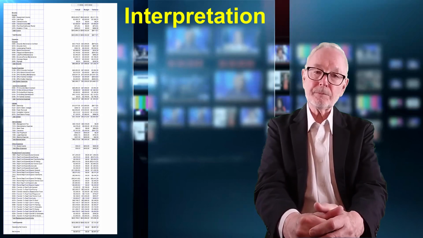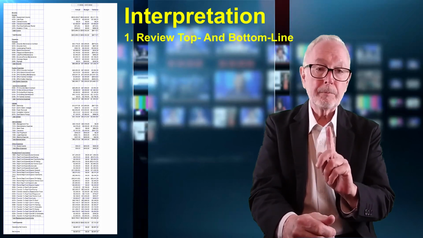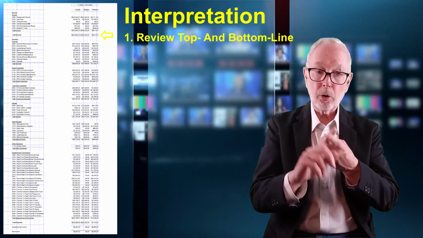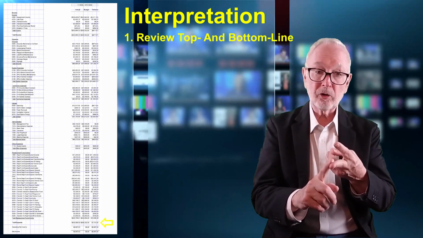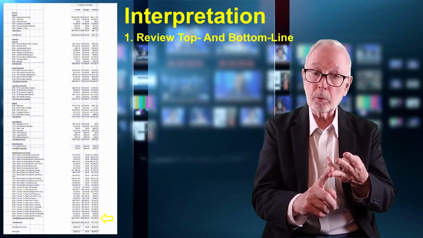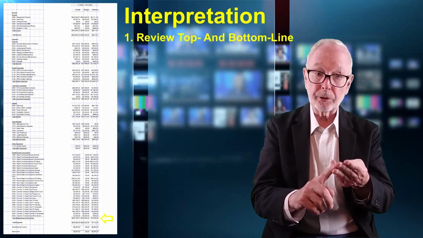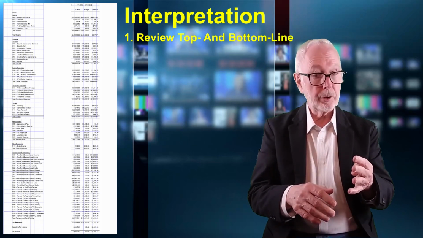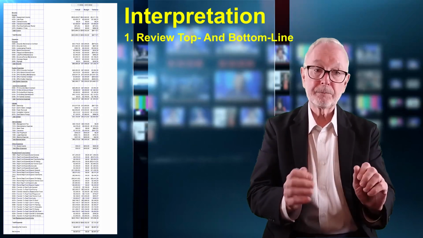analysis. In step one, I look at the top line entries: total income, total expenses, total replacement fund activity, that's the reserves, net income, and if there's a loan, I look at that too.